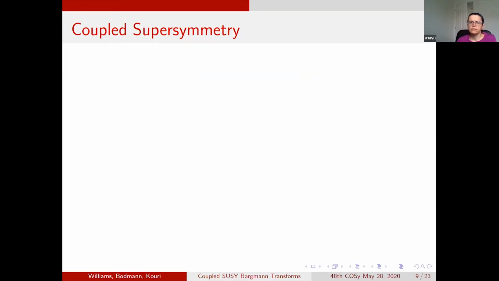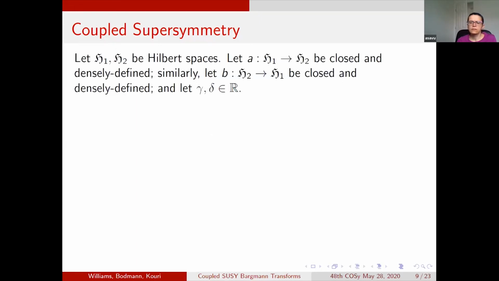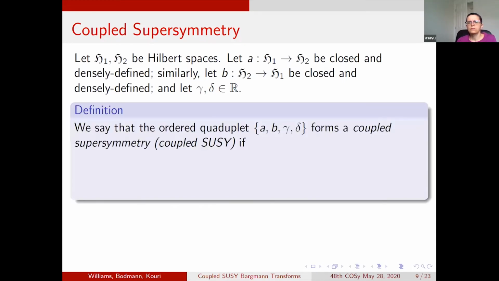Now I'm going to talk about coupled supersymmetry. So let H1 and H2 be Hilbert spaces. And then there's, again, domain of definition issues. And let gamma and delta be real numbers. I say that this ordered quadruplet A, B, gamma, delta forms a coupled SUSY if the following two hold.